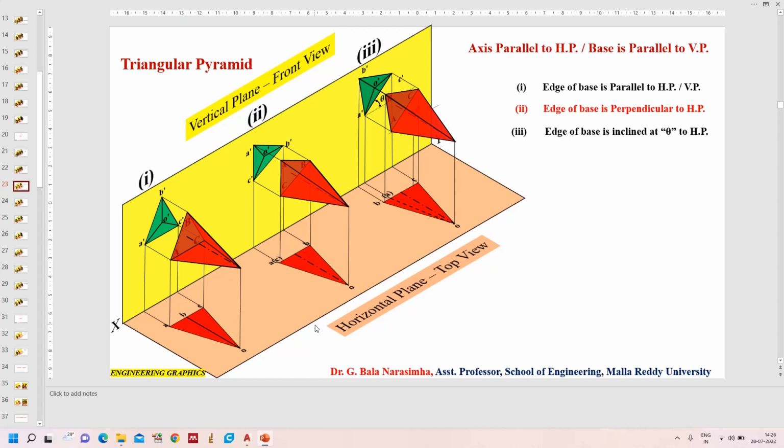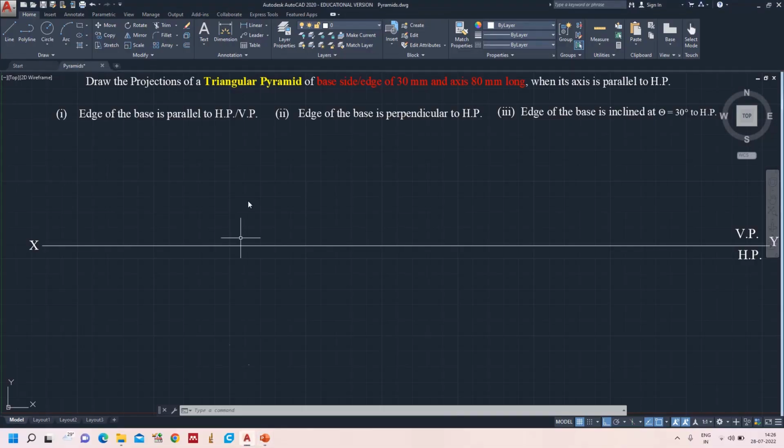So we will draw the same in AutoCAD. The base edge is 30 mm. So first polygon, number of sides 3, edge method, side 30. Yes, perfect. Now we'll give the notations.